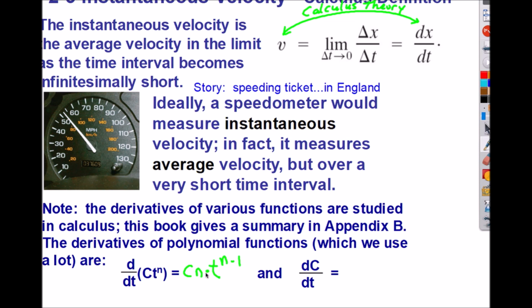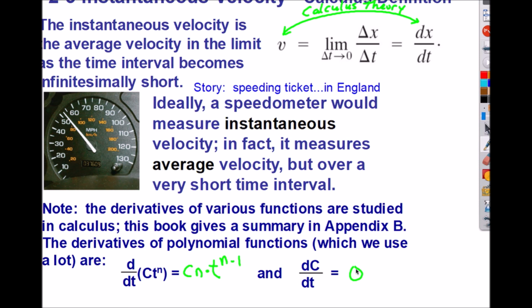And again, if you've been through calculus, this is probably secondhand for you. If I take the derivative of a constant with respect to time, a constant means it's time invariant. It doesn't change with time. So the derivative, or rate at which that constant changes as time continues, is 0. Okay, and so there we go.